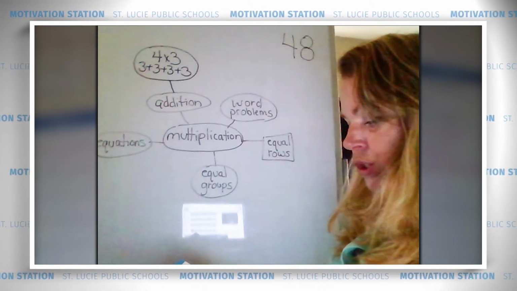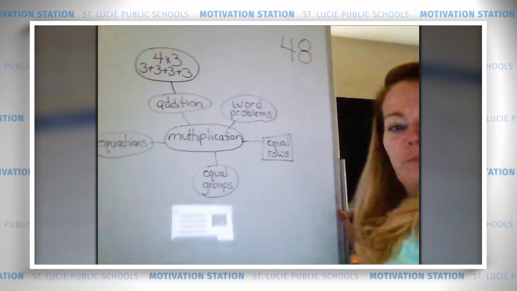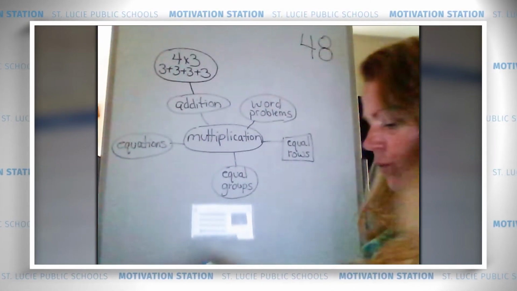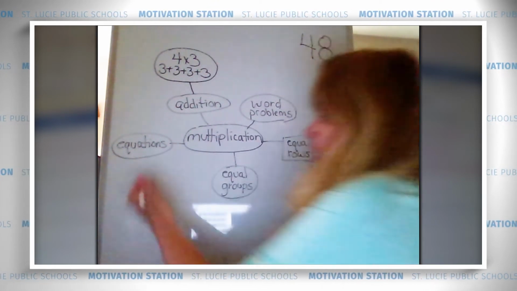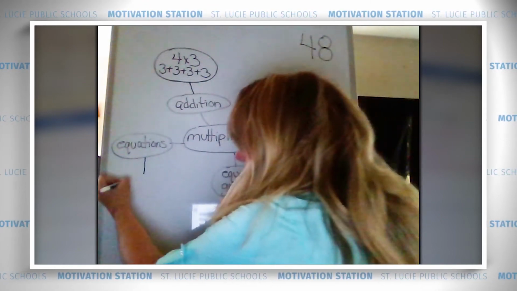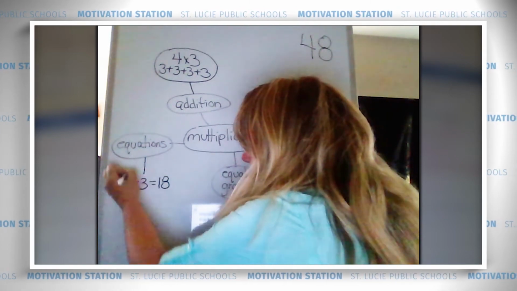Let's go to equations. For equations, let me try to move my board over a little bit, or my computer, so you can see. There's quite a few things we're going to write for equations. Let's go down first. I could just say 6 times 3 equals 18.